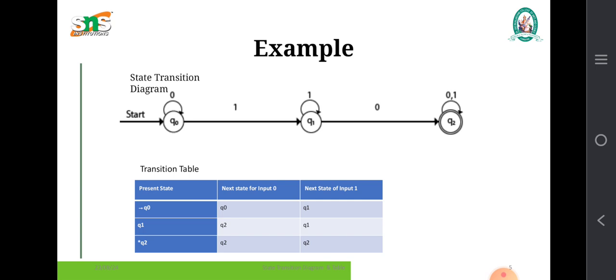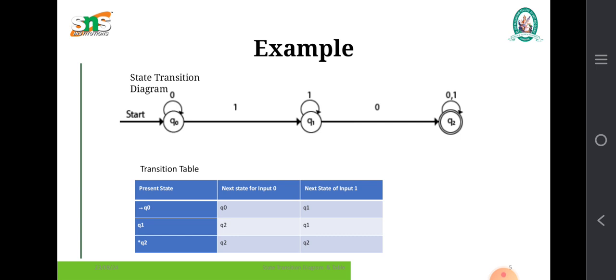Next is your transition table. It is in the format of a table where you have rows and columns. What does the row represent and what does the column represent? Columns represent the input symbols, and rows represent the states. Here we have three column names: the present state, the next state for input 0, and the next state for input 1.